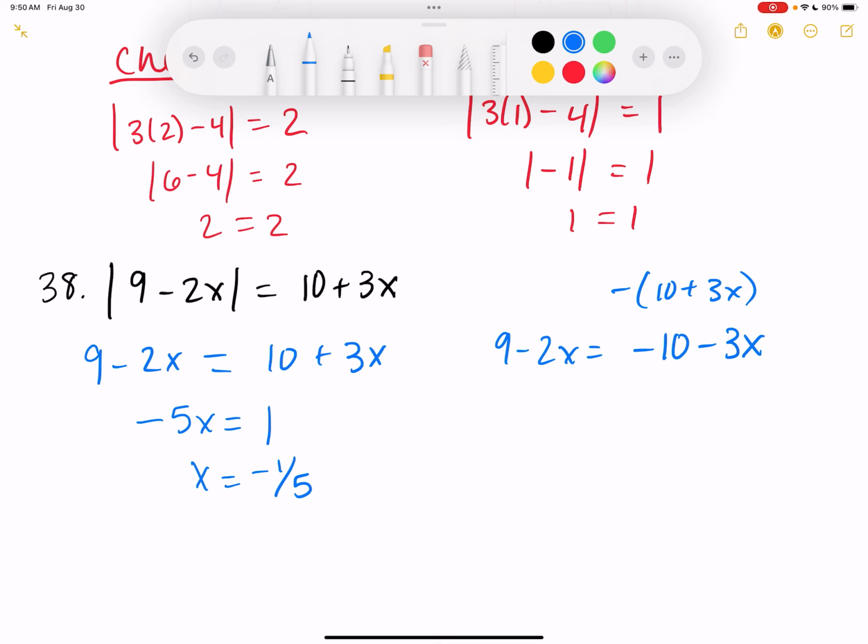That doesn't mean that it definitely is, but I should be aware of it, because obviously you can't produce a negative inside. The absolute value can't produce a negative. That's what I'm trying to say.